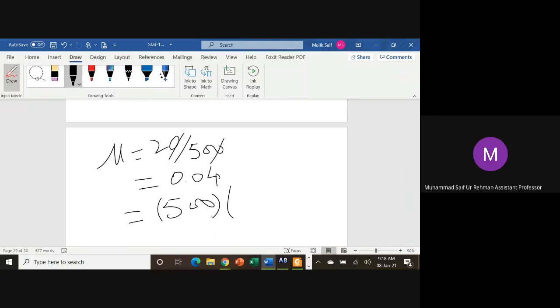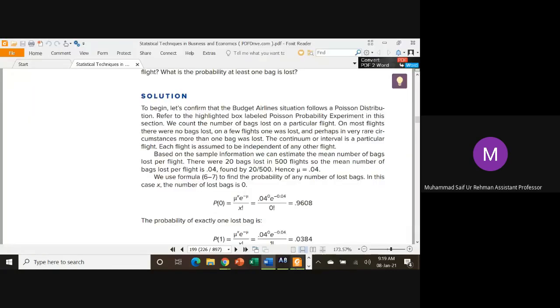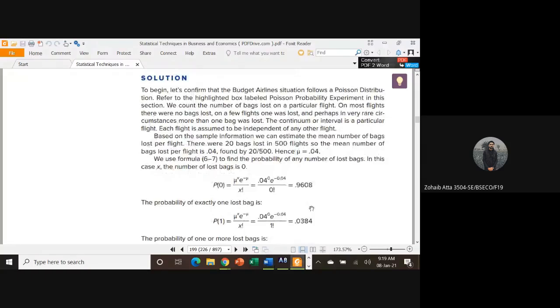The probability of success, 0.04. So what is the answer? 20, sir. Okay, 20. So how will you find out the average? 20 divided by 500. So this is 0.04. So now you will use this 0.04 in the formula to find out different probabilities.